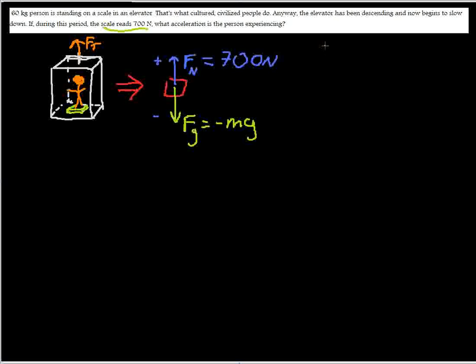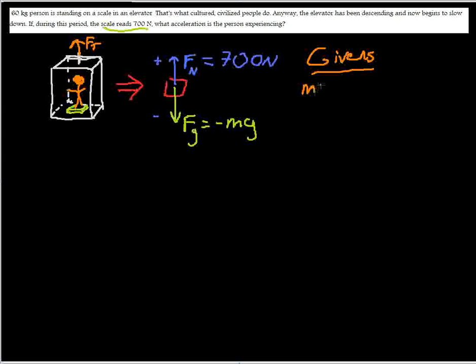So I'm going to go ahead and list some givens. And once I examine the problem, I see that we're not interested in position, we're not interested in velocity. So I'm not going to focus in too much on my kinematics types of givens. I'll focus on my force givens instead.